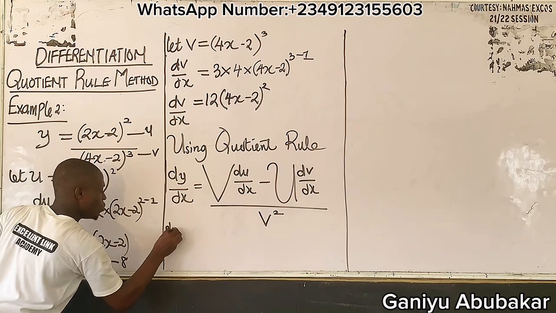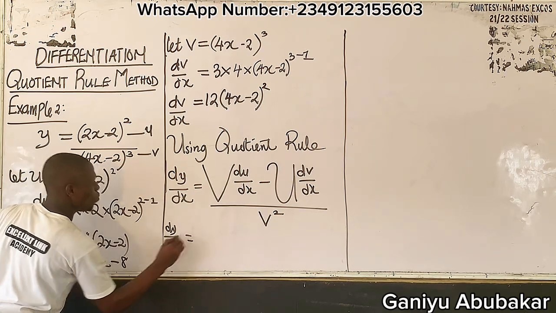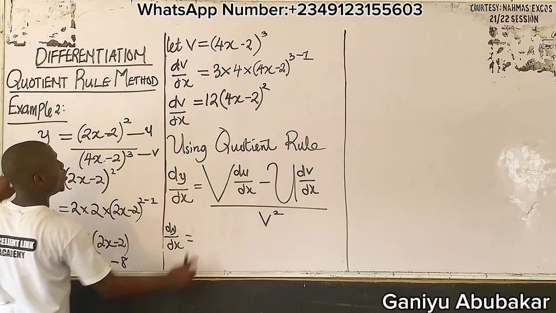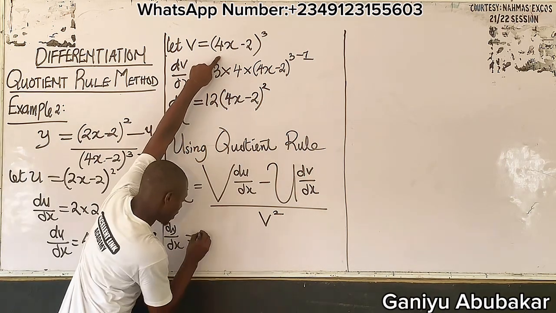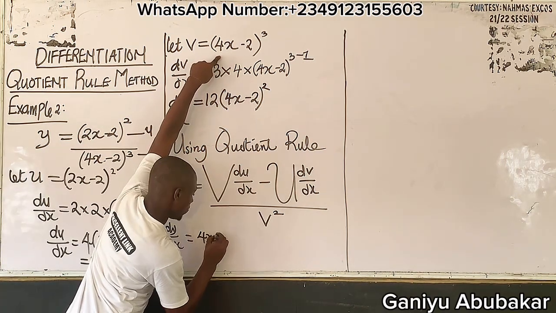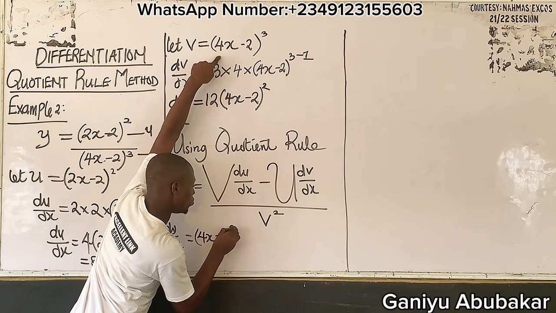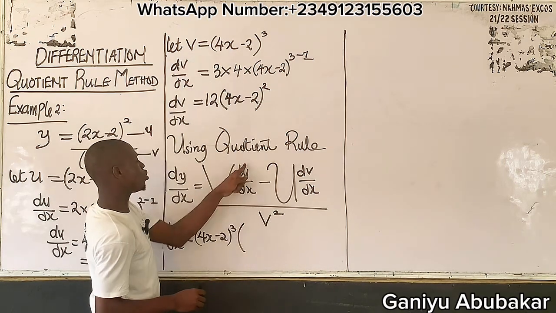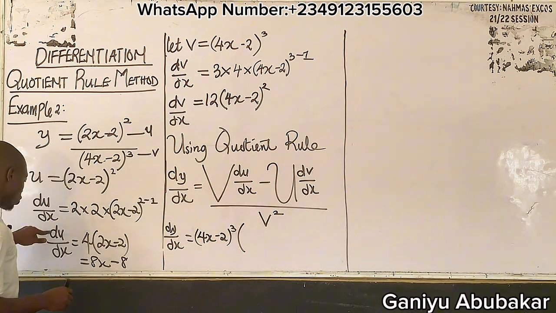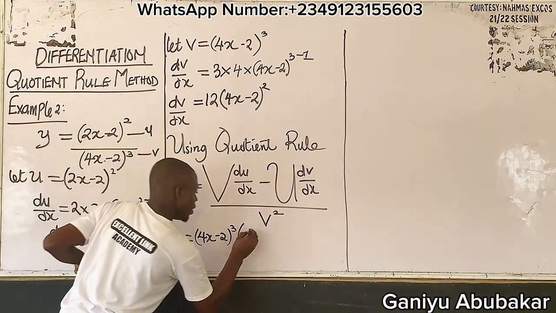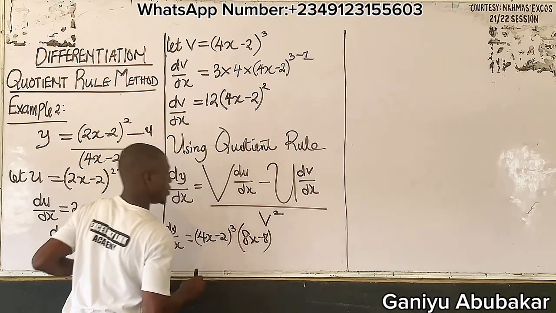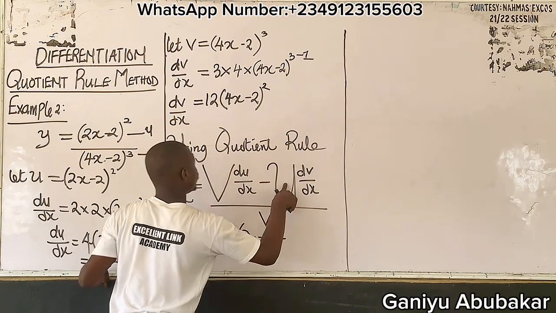From here, I have that dy/dx is equal to, what's v? Of course, this v, that's (4x - 2)³, into, what's du/dx? Of course, du/dx is just 8x - 8, minus, what's u?